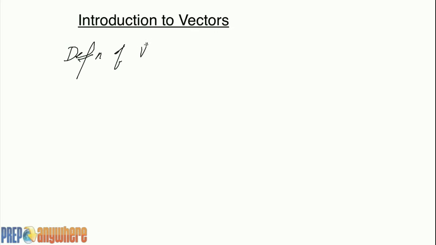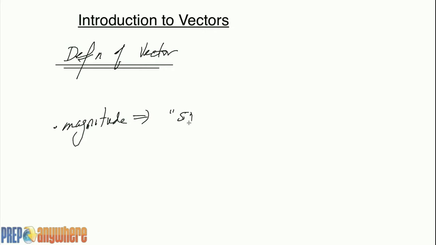Definition of vector. First of all, let me define the word magnitude. Magnitude refers to the size of a number.